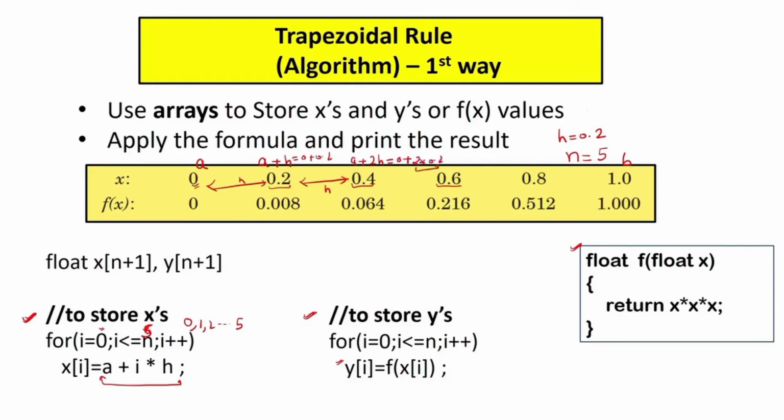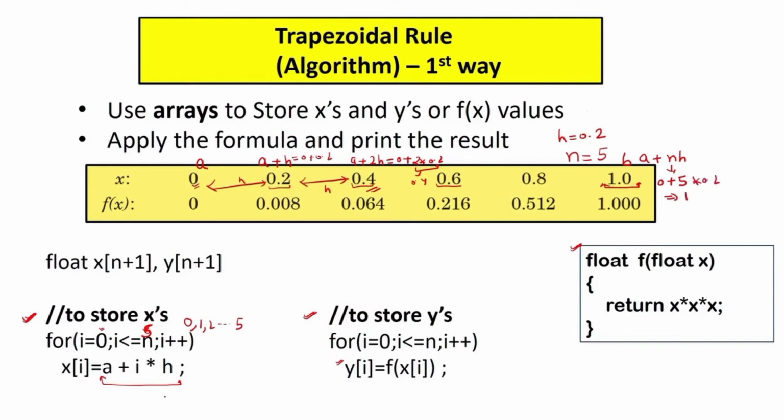So this is your 0.4, and so on. You can see that the last value 1.0 can be calculated as a plus nh. So a is 0, n is 5, and h is 0.2. So this is 1. This way the last value can be calculated.